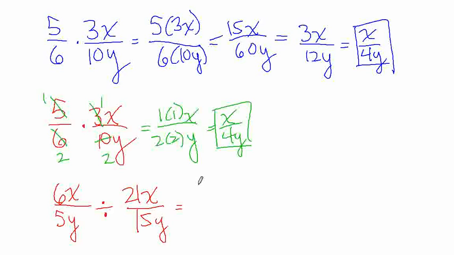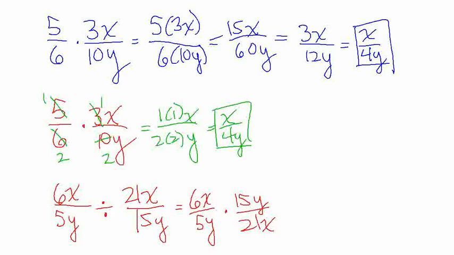And I hope you remember that you can convert division to multiplication. So let's go ahead and do that. 6x over 5y multiplied by the reciprocal, the inverse, whatever you want to call it, 15y over 21x. And now we could multiply the numerators together and we could multiply the denominators together.